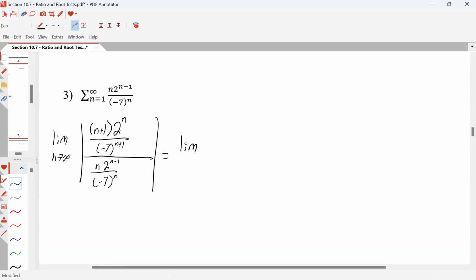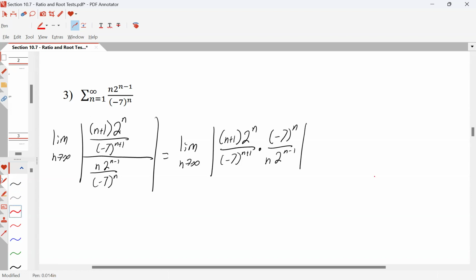Keep, change, flip. This limit becomes n plus 1, 2 to the n over -7 to the n plus 1 times -7 to the n over n to the 2n minus 1. Things that will cancel. The 2n minus 1 will cancel with the 2 to the n, leaving us with just 2.